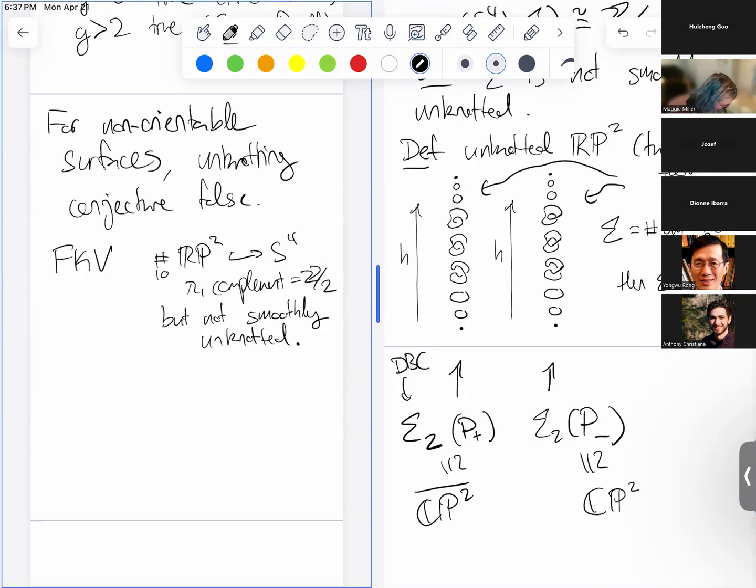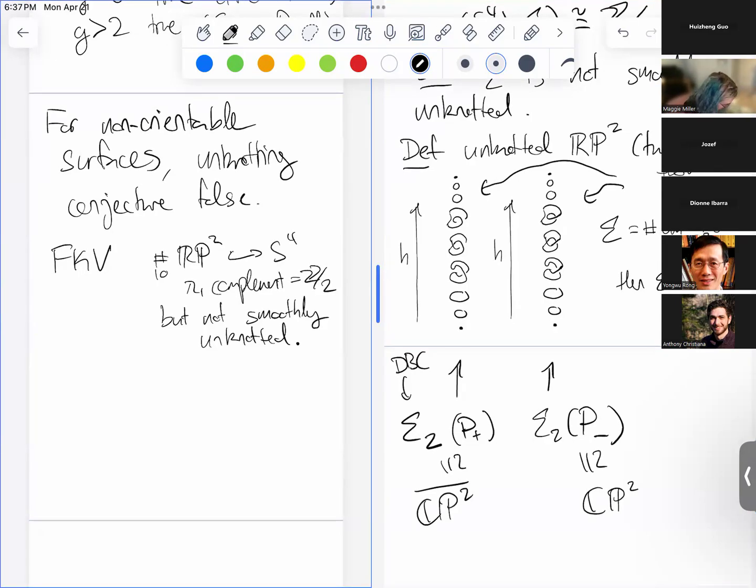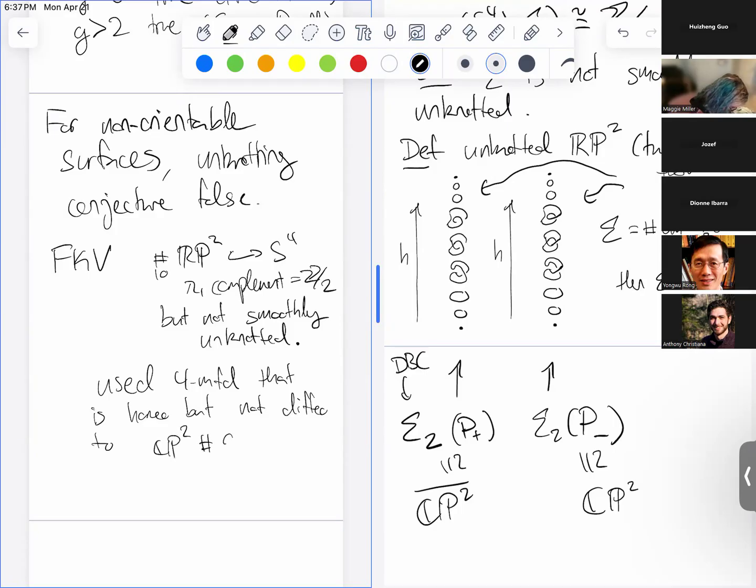So really what they did to make these examples is they knew of exotic manifolds. They used a four-manifold that is homeomorphic but not diffeomorphic to CP2 connect sum 9 CP2 bar. In fact, there's an infinite family of these, and these are kind of famous examples.